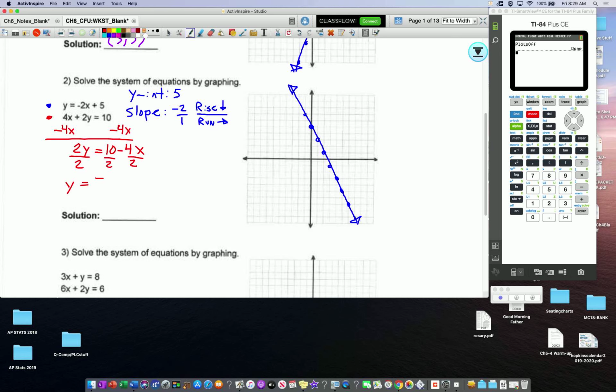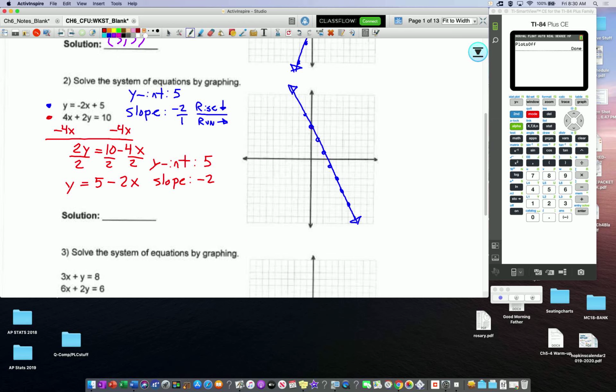So y equals 5 minus 2x. As I identify the y-intercept here, my y-intercept is 5. My slope is -2.